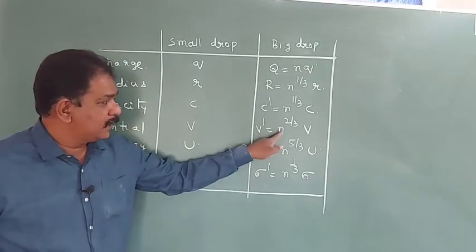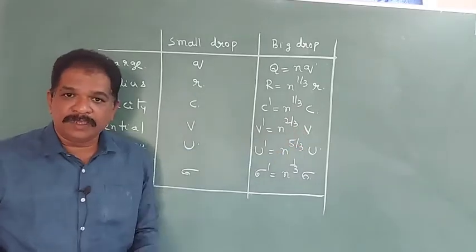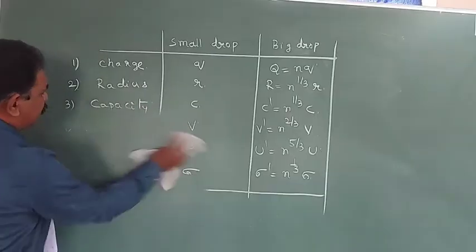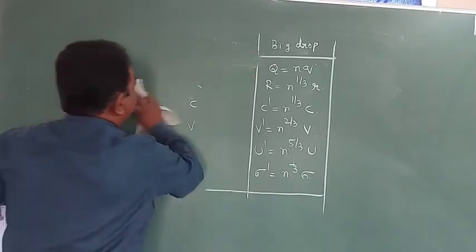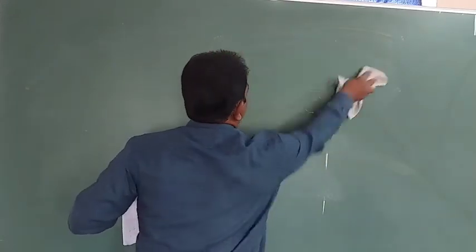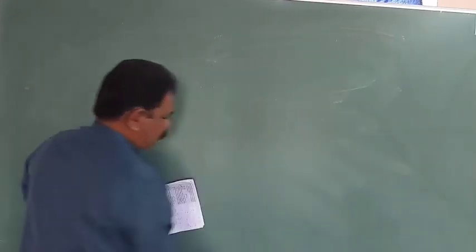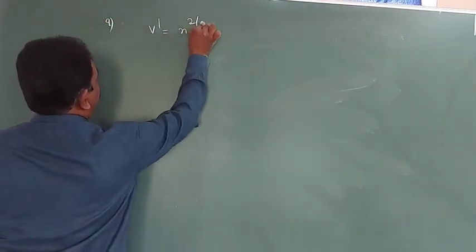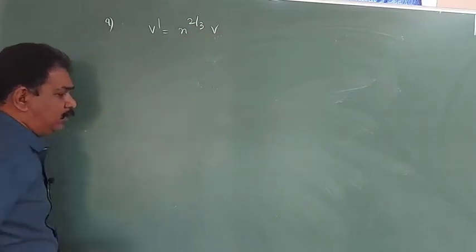V dash is equal to n power 2 by 3 into V. If we substitute those values, what we will get? Question number 9, V dash is equal to n power 2 by 3 into V.